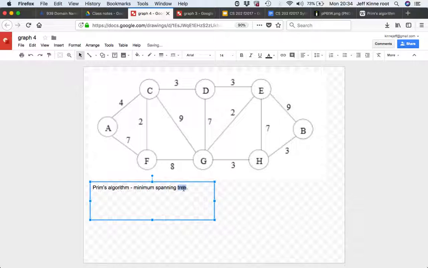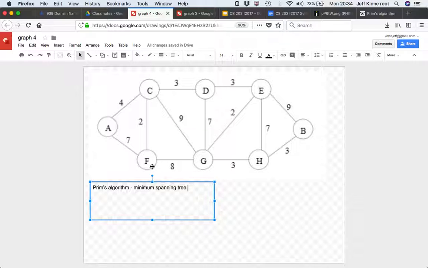Okay, so a tree, quiz for you. For this graph here, how many edges will a tree have that spans this set of vertices? Spans means includes all the vertices. And how many edges will we need for that? One way to do it would be to take A here and go around the outside. 1, 2, 3, 4, 5, 6, 7.